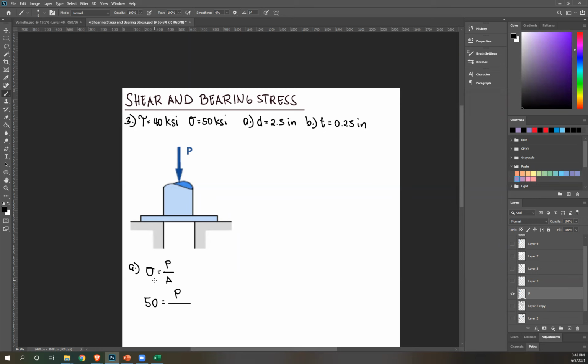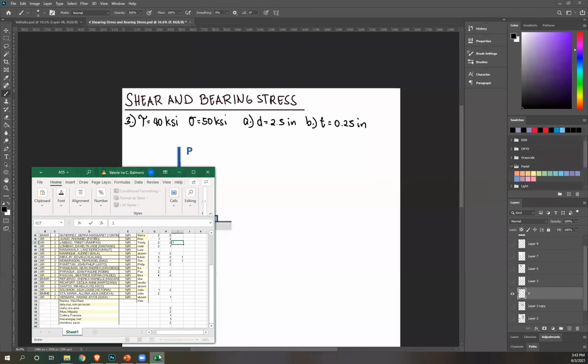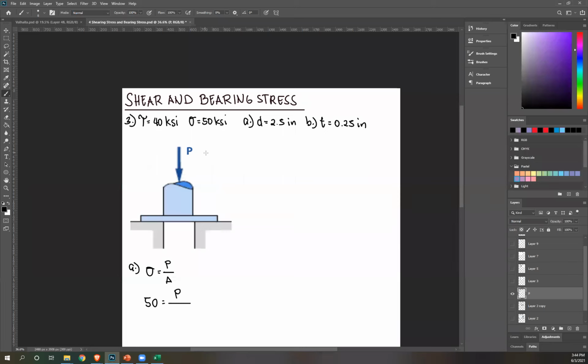Okay, very good, Sophia. Beatrice: one-fourth pi r squared, the area of a circle. Right, because again, normal stress is force over area, and the area is the perpendicular area. This is a circle, as you can see by the shape.